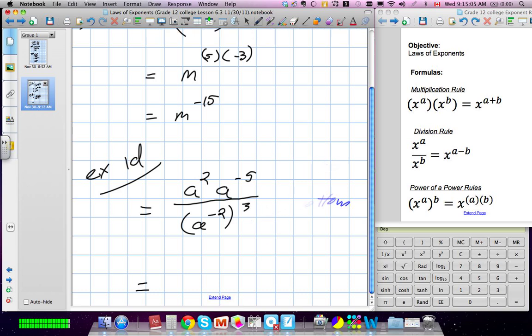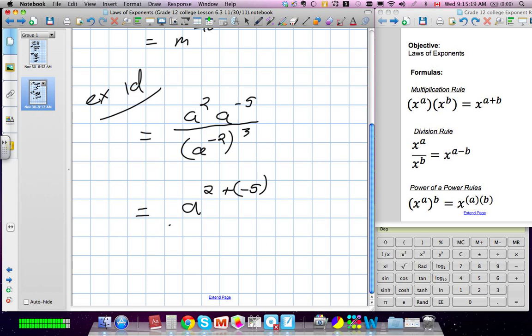I'm going to keep it together as one exponent, so it's multiplication, and we're going to add the two exponents. I'm also going to simplify the bottom. The bottom is a power of a power, so I can simplify it with the same base a, and I'm going to multiply the two exponents by each other because it is a power of a power.